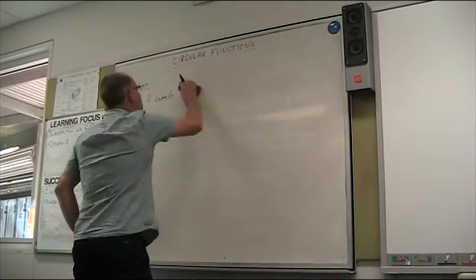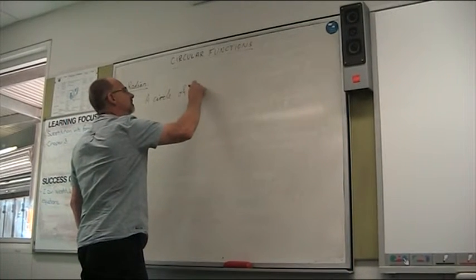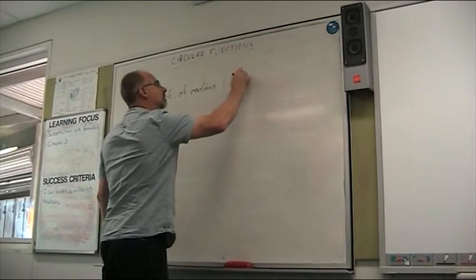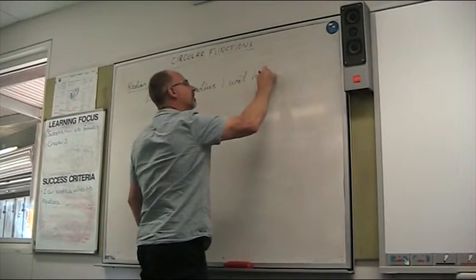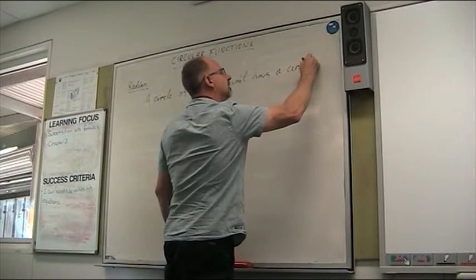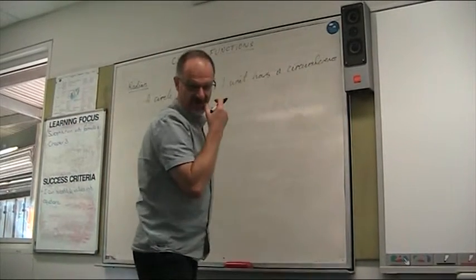Alright, so a circle of radius 1 unit has a circumference of 2 pi radians.